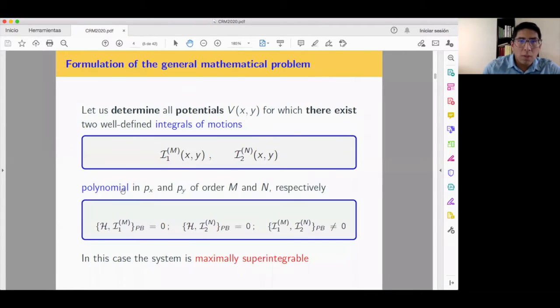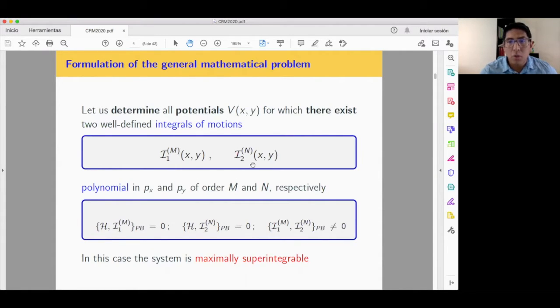So this is the formulation of the general mathematical problem. Let's try to find all potentials for which there exist 2 extra integrals of motion. In addition to the Hamiltonian, we are looking for 2 extra quantities, but the special thing is that they have to be polynomial in the momentum variables. Here I present I1, a polynomial in px and py of order m, and I2 is another integral of motion.